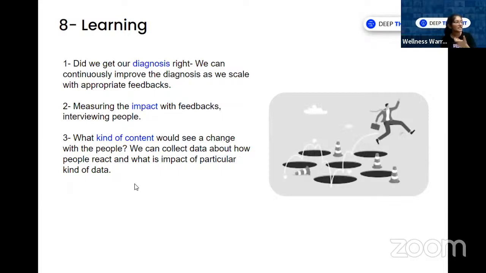And then the learning: basically we took 3 pointers. One is diagnosis, how we are going to diagnose what problems we are having. The second is impact with feedback, whatever feedback people give us, what impact we provided and how we can measure those impacts, and the kind of content that we are proposing. That is what we want to learn, and we want to evolve over the experiments.